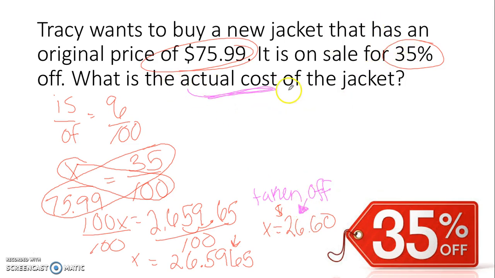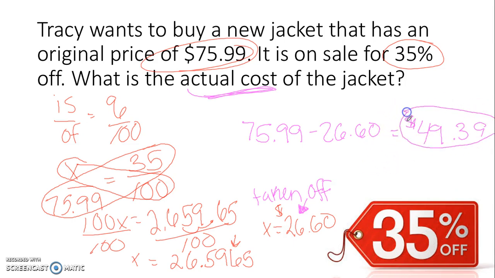But we want to know the actual cost of the jacket. So to find the actual cost of the jacket, now we simply go $75.99 minus $26.60. And when we subtract that, we get $49.39. So that jacket is going to cost $49.39 without the tax.